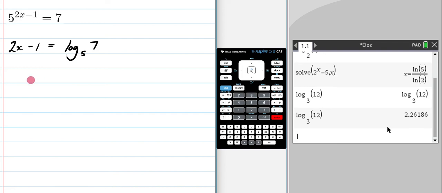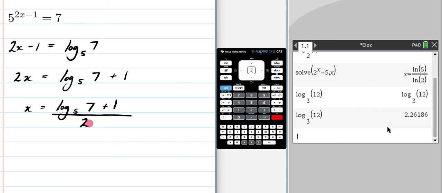So let me plus 1 to both sides to get rid of this minus 1 here. Log 5, 7 plus 1. Then I'm going to divide by 2. x equals log 5, 7 plus 1 over 2. And there is your exact answer, just like that.